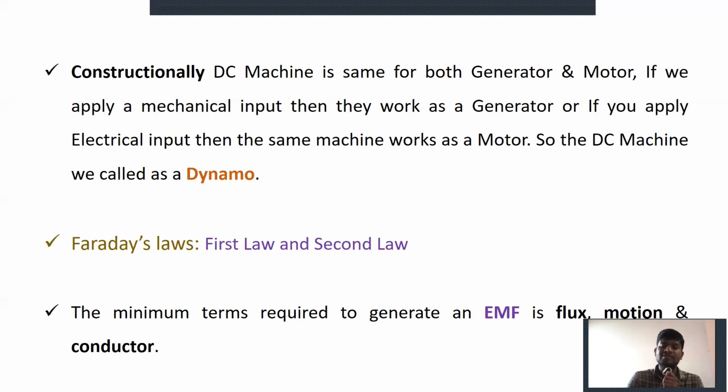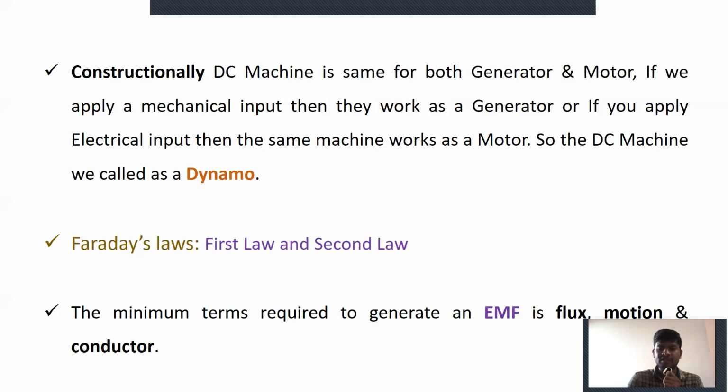What is Faraday's second law? Faraday's second law states that the induced EMF is directly proportional to the rate of change of flux in the magnetic field. So these are Faraday's first law and second law.